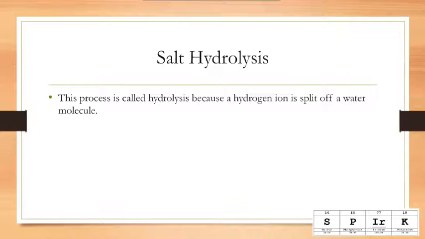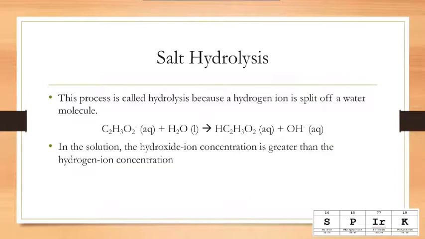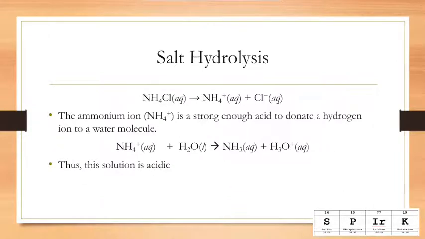This process is called hydrolysis because a hydrogen ion is split off of a water molecule. So we have that acetate ion reacting with water to give us acetic acid and the OH-. So this is hydrolysis. In the solution, the hydroxide ion concentration is greater than the hydrogen ion concentration. Thus, the solution is basic.